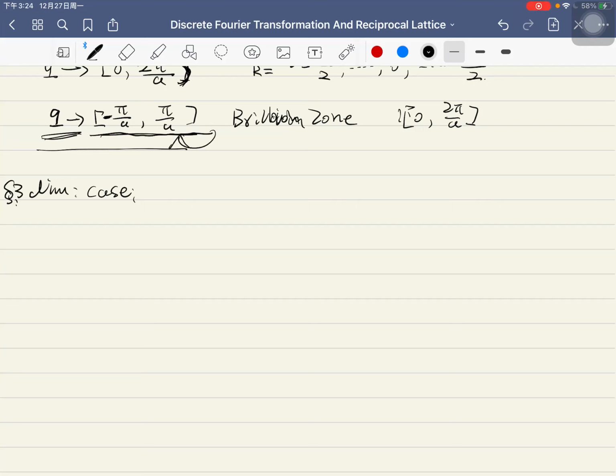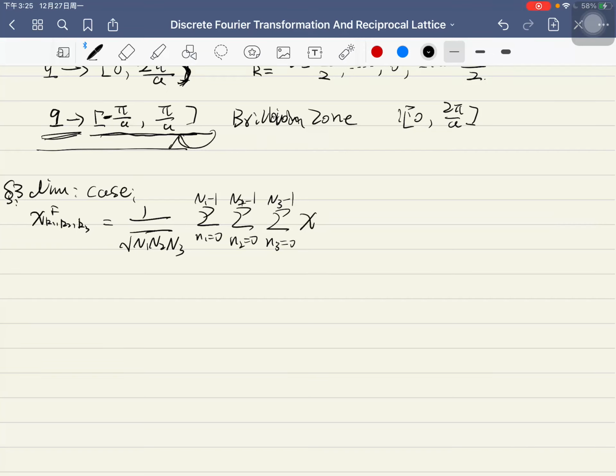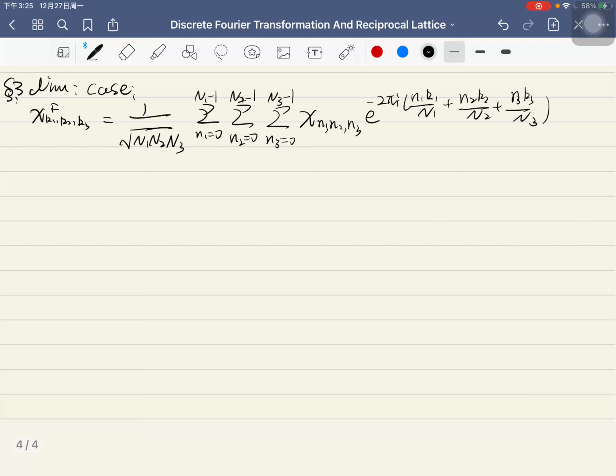The discrete Fourier transformations in three dimensions are defined in such a way: x_(k1,k2,k3)^F equals 1 over root n1 n2 n3, sum n1 from 0 to n1 minus 1, n2 from 0 to n2 minus 1, n3 from 0 to n3 minus 1. Similarly, we can define the inverse transformations.